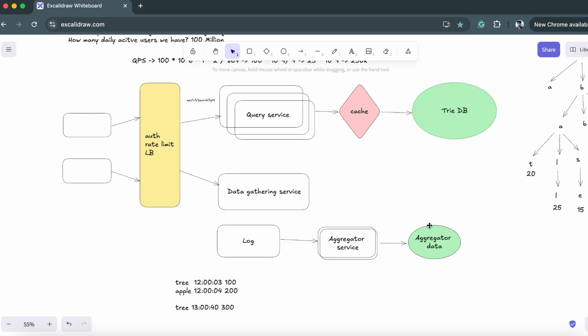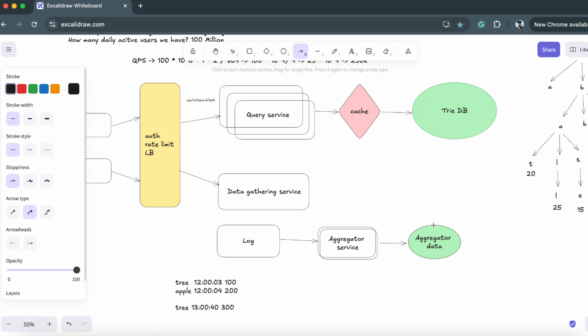If we wanted to provide real-time information, we would keep on updating it while the query service may try to get the information, so there would be some performance impact. So we can have schedulers on a weekly basis, or depending on the time duration, how frequently we want to update the data.